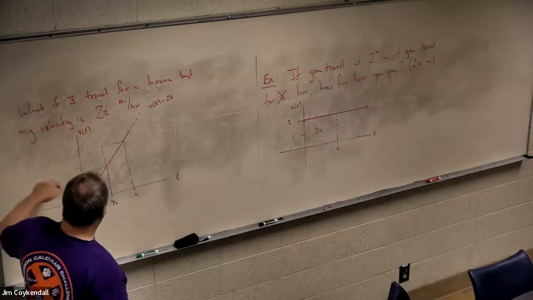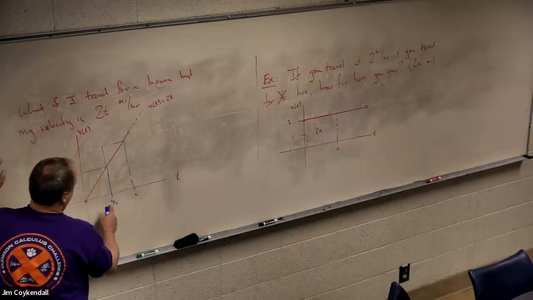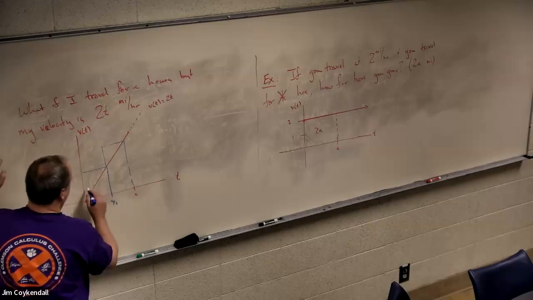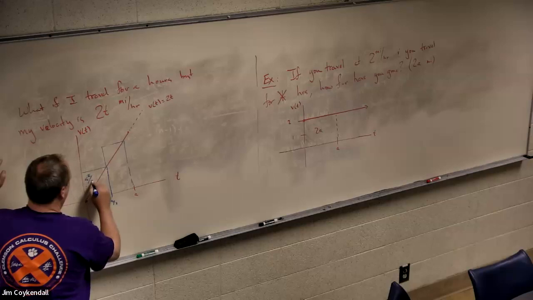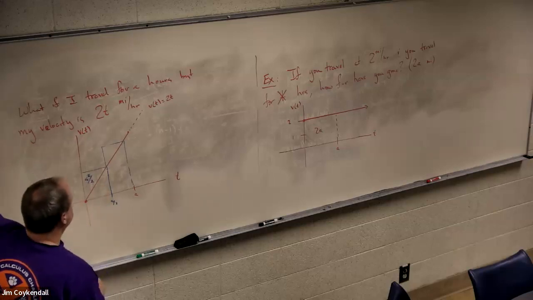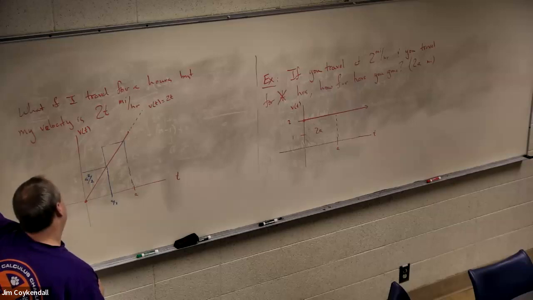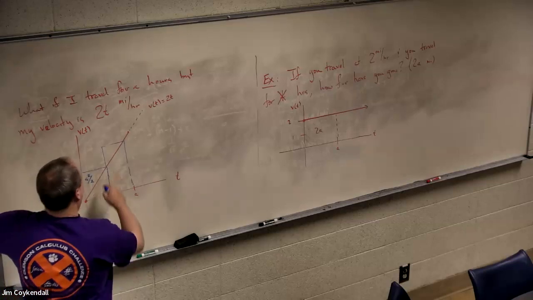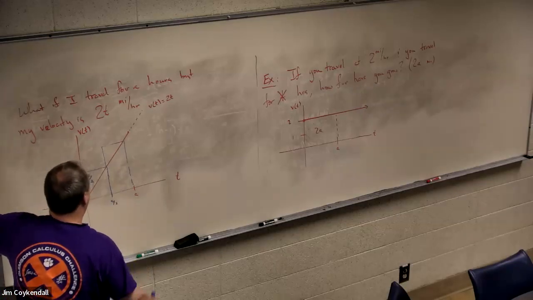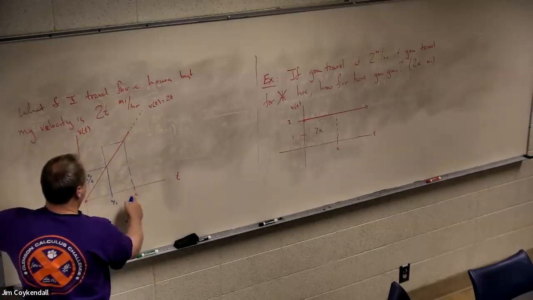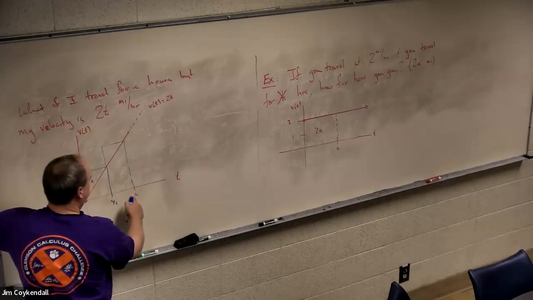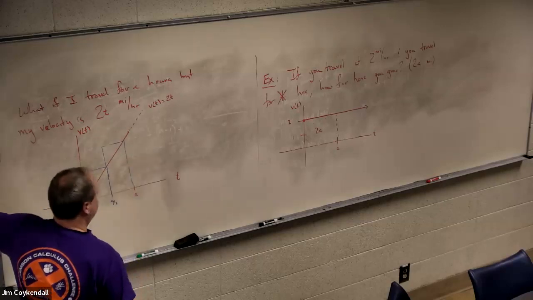What's the area of this blue box? Well, a over 2 is its width, and its height is a. So I traveled a squared over 2. Width is a over 2, and what's the height of this box?